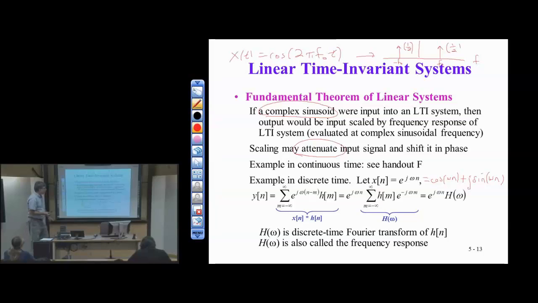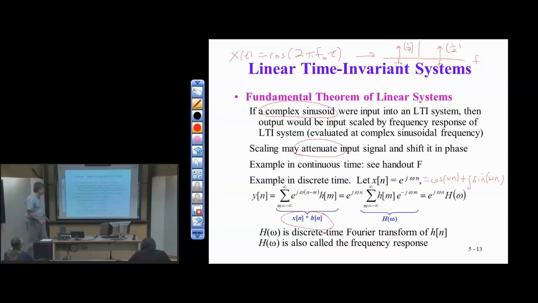We put this through an LTI system. This LTI system has an impulse response, h of n. So in the time domain, the output of the LTI system is simply a convolution of the input and the impulse response. That's just it. So it's x of n convolved with h of n.